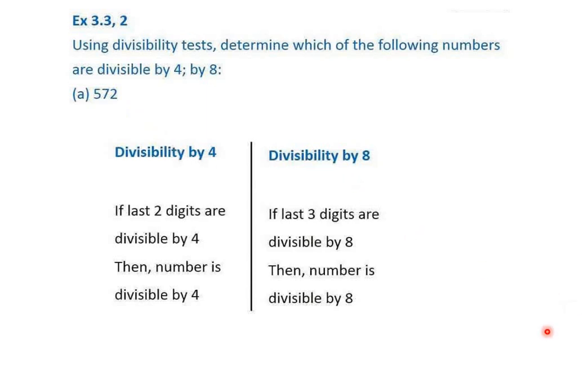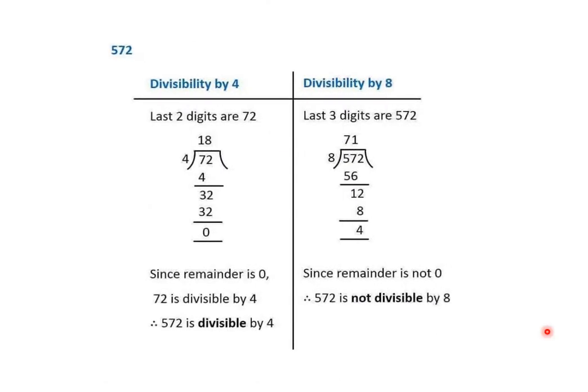Okay, so let's go and see. I have divided here by 4: 72 divided by 4, we get quotient 18 and remainder 0. So yes, it is divisible by 4. And for 572, when we divided it by 8, we got quotient 71 and remainder 4. But we need 0 as the remainder, then only it is possible. So we can say that 572 is not divisible by 8.